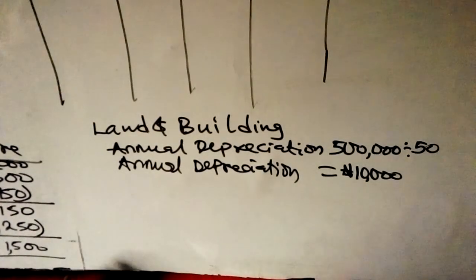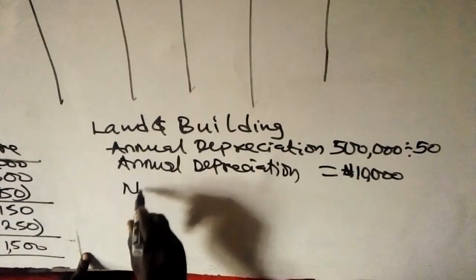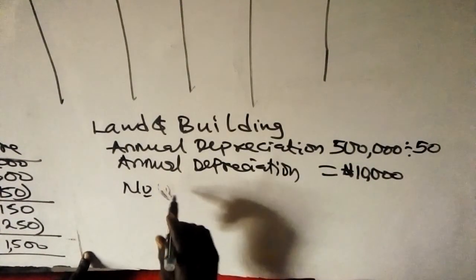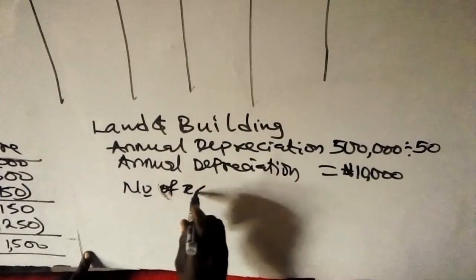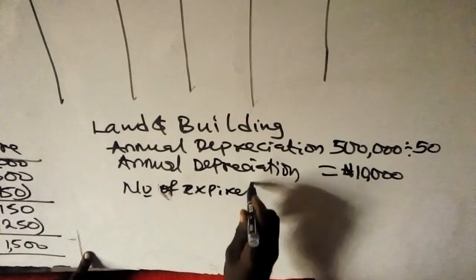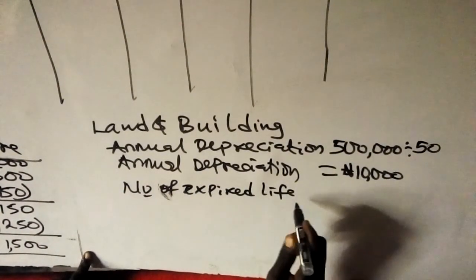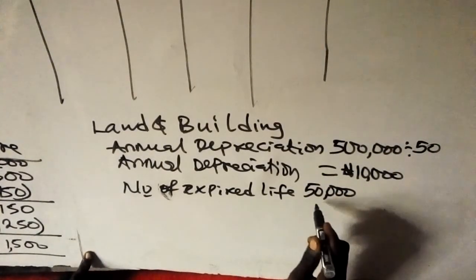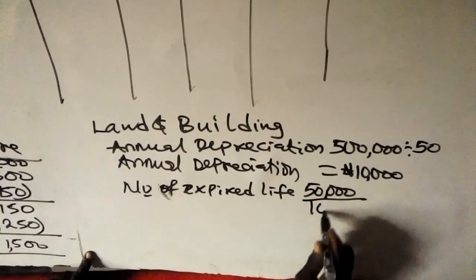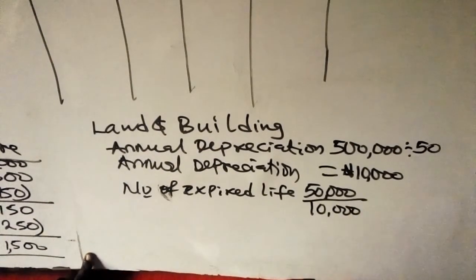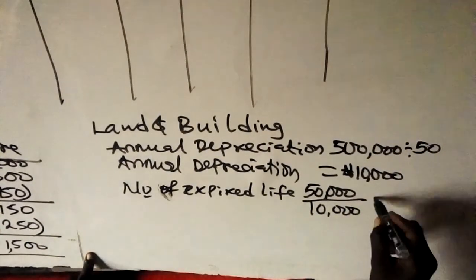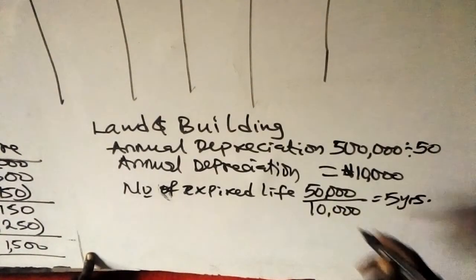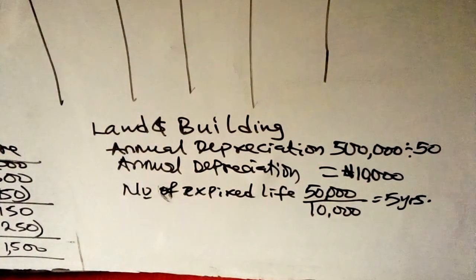The number of expired life: since we are given 50 years, and the accumulated depreciation for prior periods that has been charged, and what has been charged every year is 10,000, that means 5 years has expired. 50,000 divided by 10,000, that is 5 years.